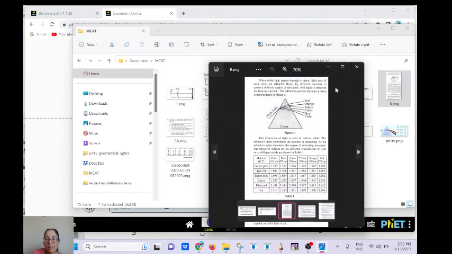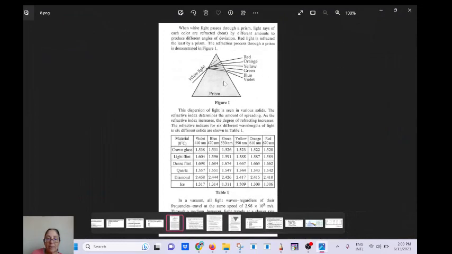So these are other kinds of problems. It's telling you that white light is a mix of all the colors in the rainbow. So if light travels in a vacuum, all the colors have the same speed and they're all mixed.